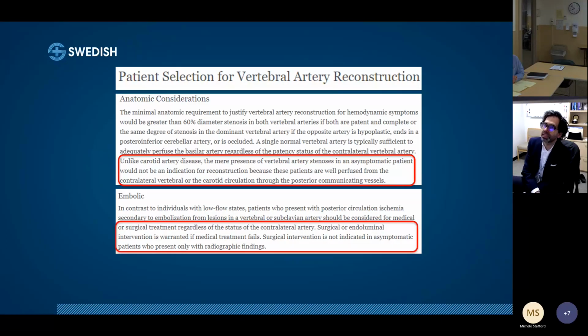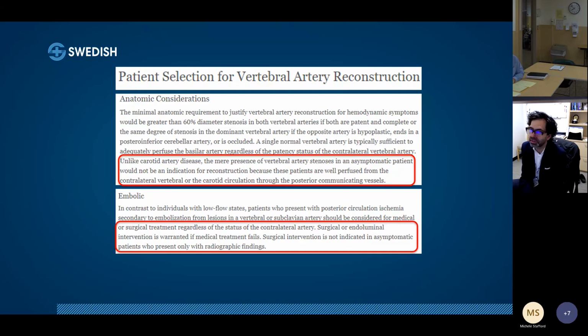So when you're thinking about these lesions from an embolic standpoint, surgical or endoluminal treatment, so stenting, is warranted if medical treatment fails, but it is not indicated in asymptomatic patients who present only with radiographic findings. If you have a patient who doesn't have evidence of a stroke but has a stenosis on the vertebral, I tell them that there's nothing that needs to be done.